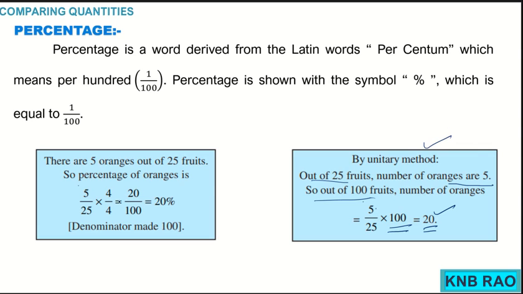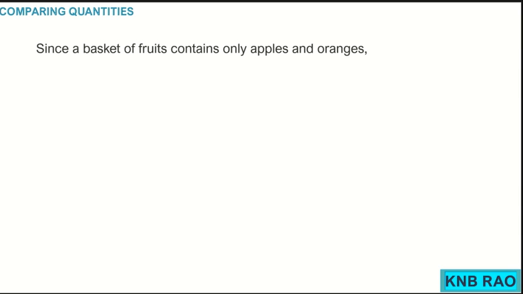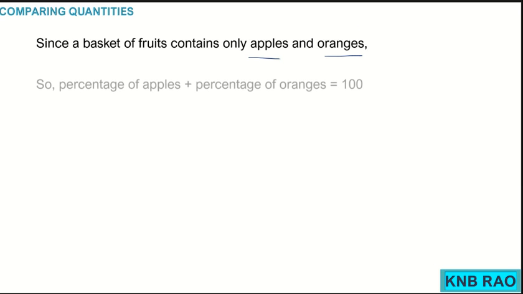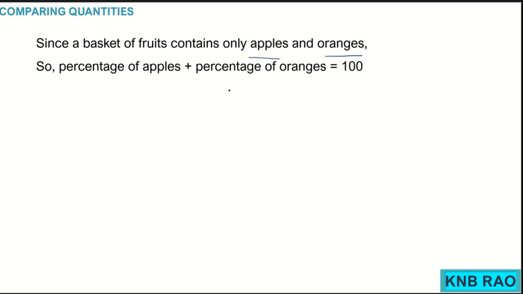So the percentage of oranges will be 20. Now children, since the basket contains only apples and oranges, the percentage of apples plus the percentage of oranges should be 100, isn't it?